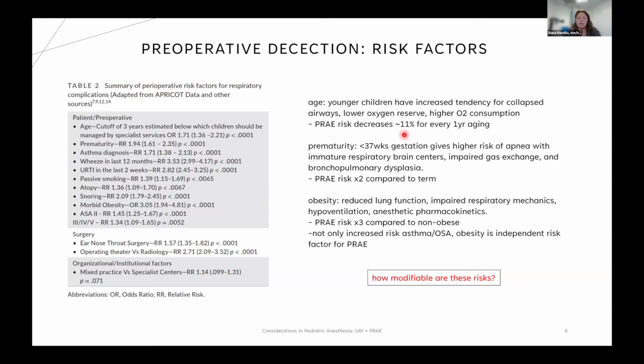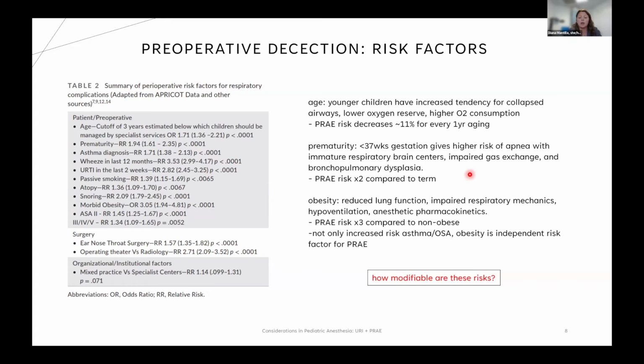The other thing, interestingly enough, is prematurity. Prematurity, less than 37 weeks gestation, carries a higher risk of apnea. The reason for that is because they have immature respiratory brain centers. They haven't had enough time in the real world yet to develop all that. And they have impaired gas exchange and bronchopulmonary dysplasia.